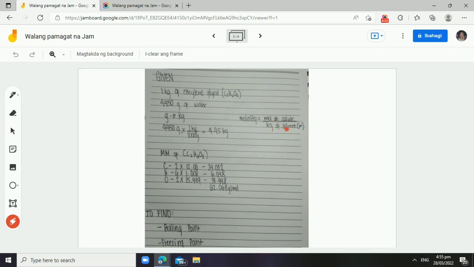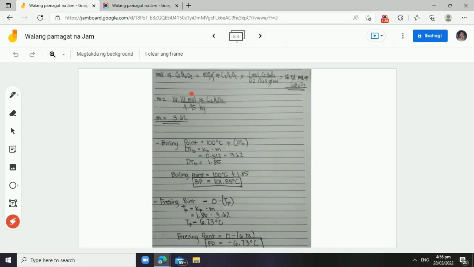So here we have 4,450 grams divided by 1,000 grams. We will get 4.45 kilograms. And also here is the molar mass of ethylene glycol, which is 62.068 gram per mole. So here is the solution.